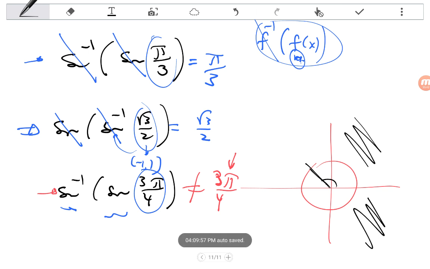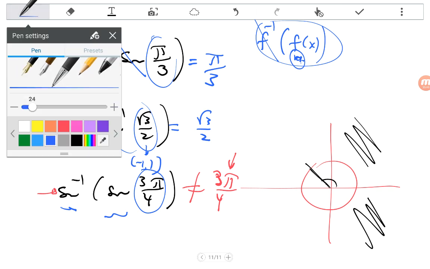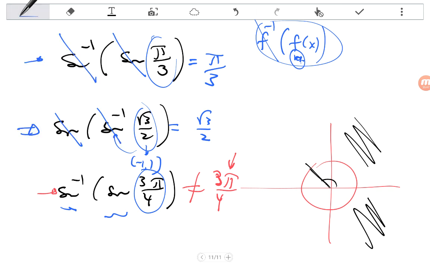So it will give me another angle that is either in this one or this one, which has the same sine as this angle, 3 pi over 4. What is the sine of this angle? Remember, the sine is the y coordinate of the point. When you study angles by the unit circle, x and y are cosine theta and sine theta.